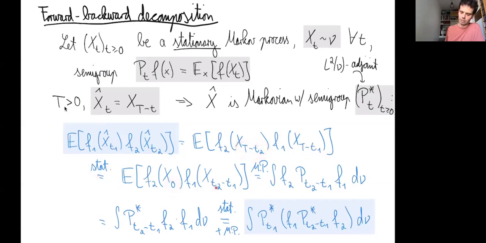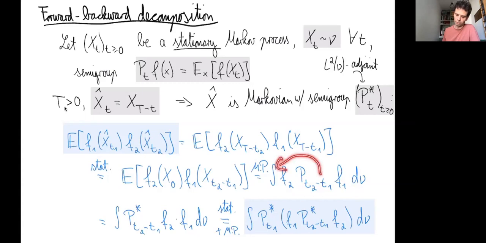So we get a 0 here, and the difference of these two, which is t2 minus t1, here. Now we use the Markov property: we condition on F0, and then we can pull in the semigroup here. So this becomes P_{t2 minus t1} of f1. And this is f2 still here, and we have to integrate this, using the stationarity, also with respect to this measure nu.